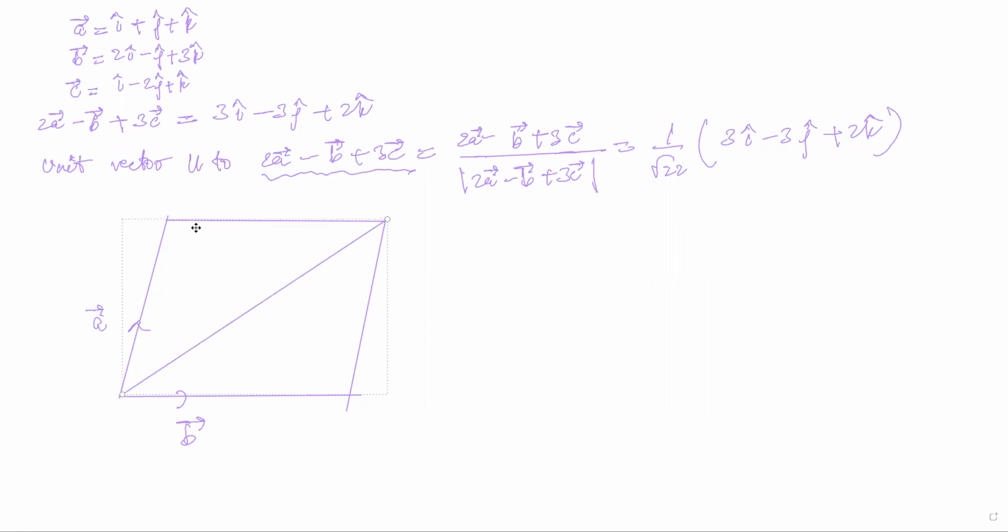You can take any diagonal. I would say find the vector for both diagonals. Let's say this is the C vector.